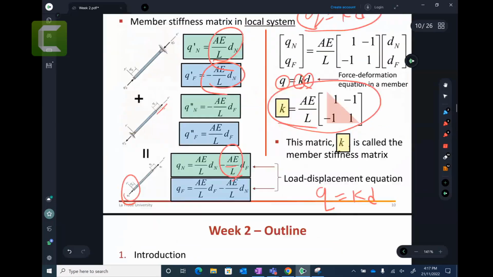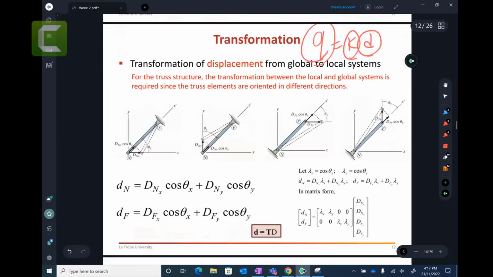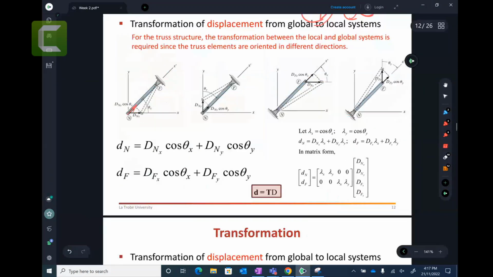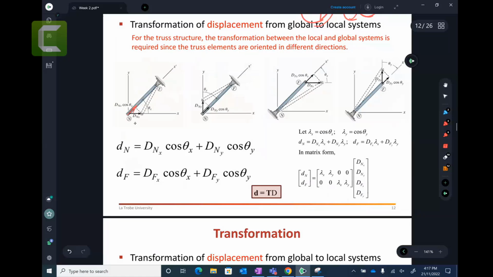We take the same bar, and if I move that bar by, let's say, some distance, dn, the same dn, displacement dn. This will have degrees of freedom here, and let's say I move dn in this direction and I want to get the x component and y component. If you use trigonometry, theta x and theta y, you will get the deformations dn. And by the way, this is the global system.